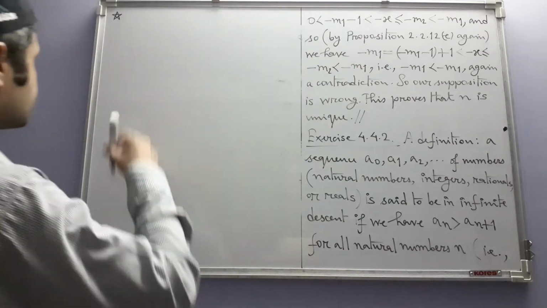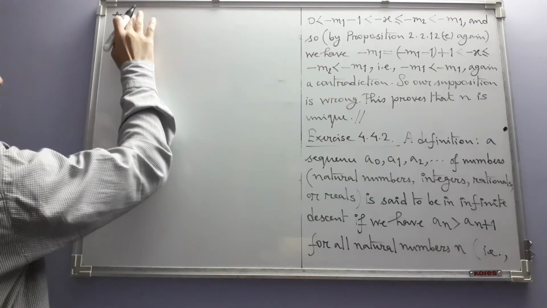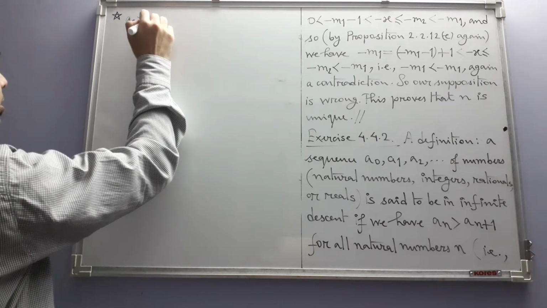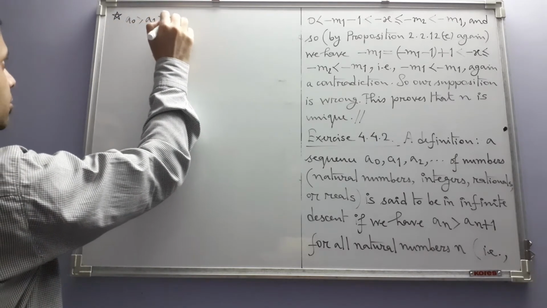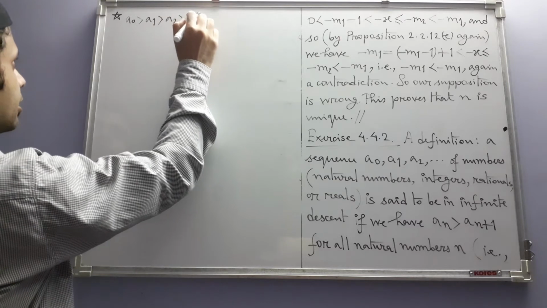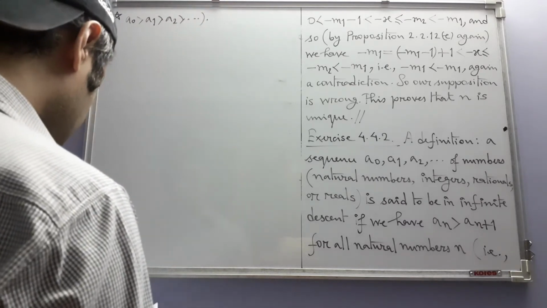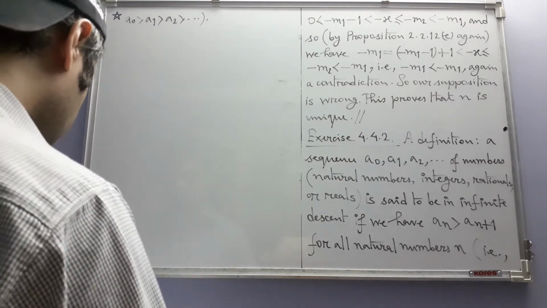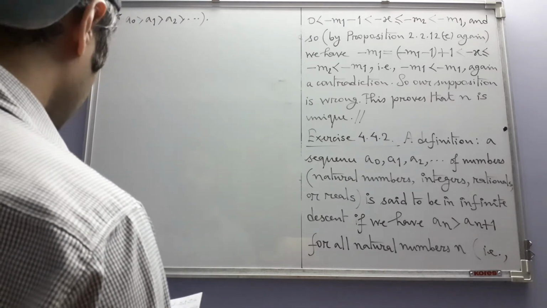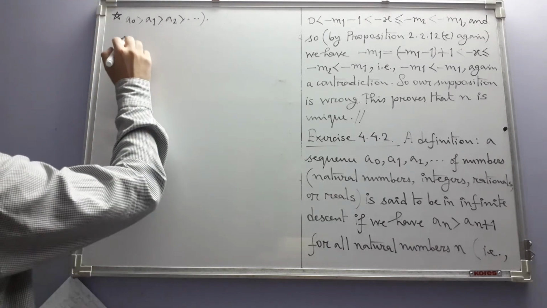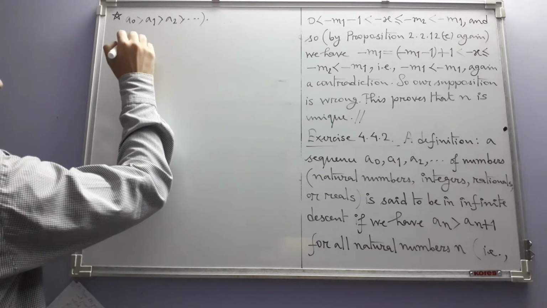That is, A0 is greater than A1, A1 is greater than A2 and so on. Okay, so this is the definition of a sequence in infinite descent. Now comes the exercise. There are two parts.